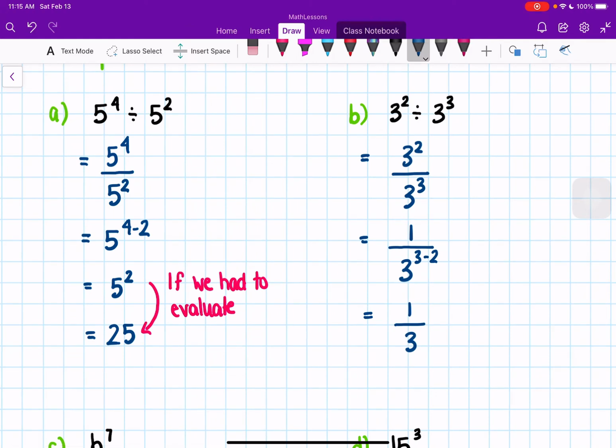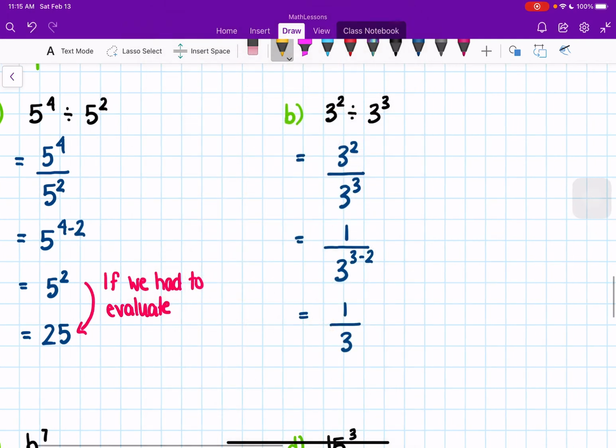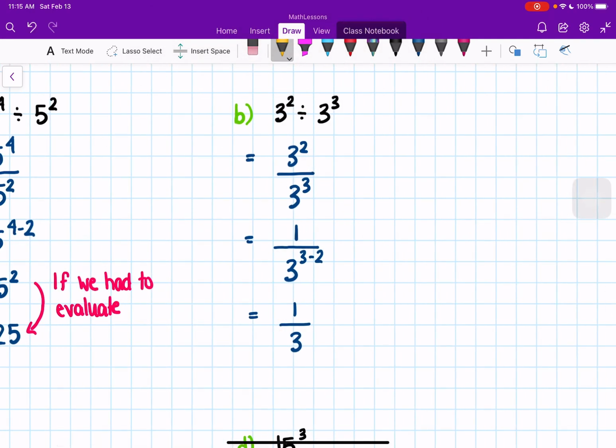But remember our invisible 1. The invisible 1, just as a reminder from our last lesson, exists when we have a number to the power 1. We actually don't write it that way. We write it just by itself. If we have 1 of something, we don't write the 1. We just write it by itself.